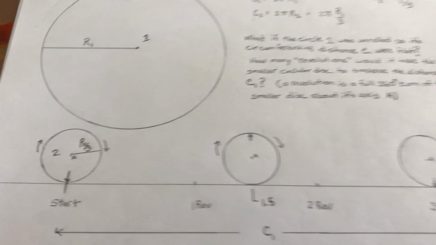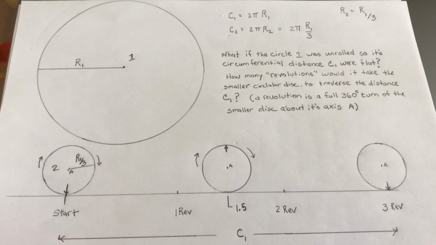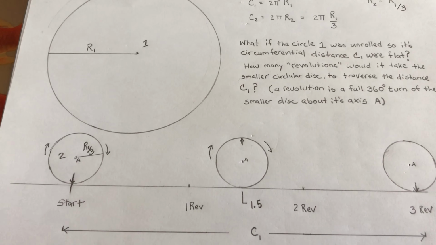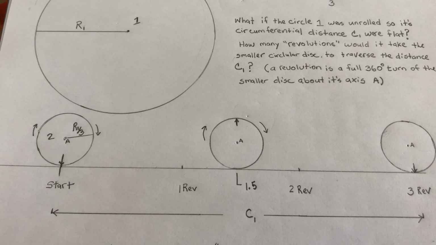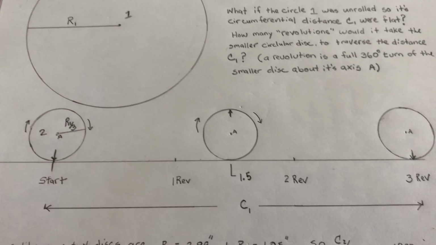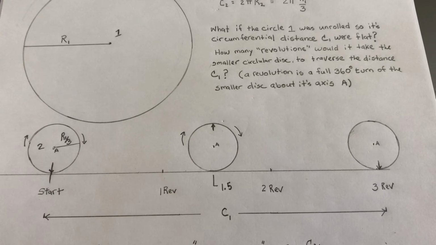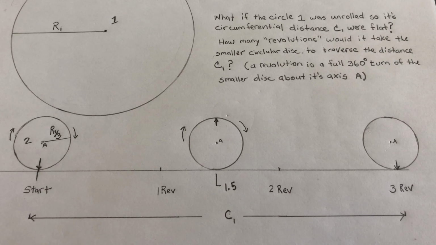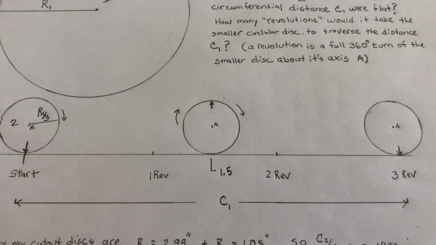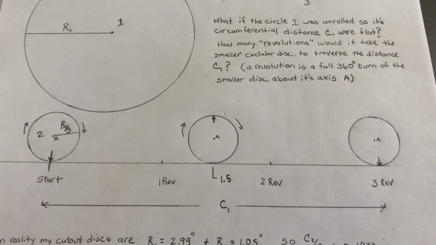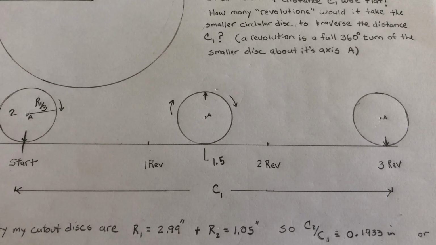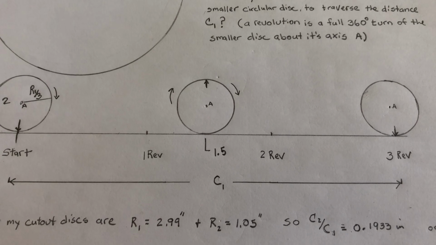And I have that depicted here, imagining that the circumference of the larger circle was unraveled and laid flat, and that the smaller circle was rolling along the surface of that flattened distance, C, or C1 that I've labeled it here. And it actually takes 3 complete turns to traverse that distance. So the answer, technically, the correct answer is that the small disc has made 3 revolutions about its axis A.